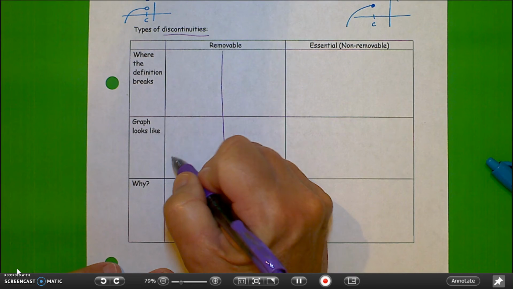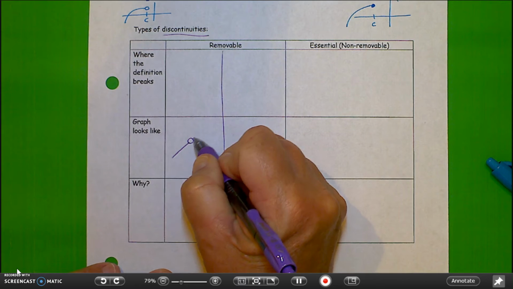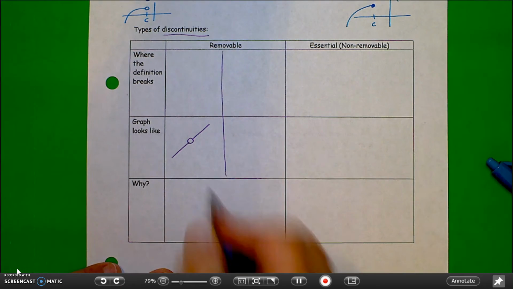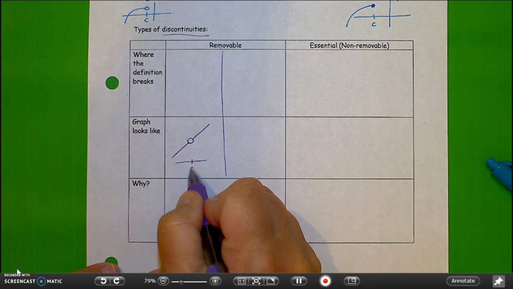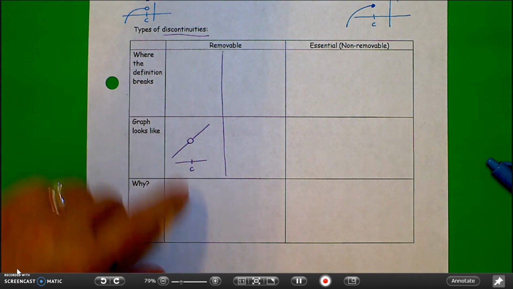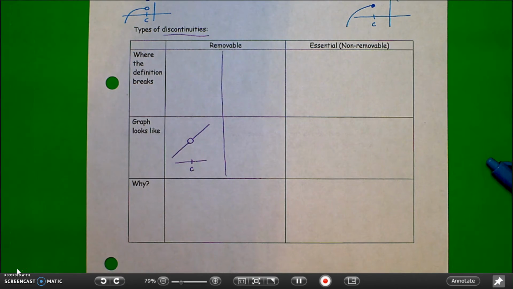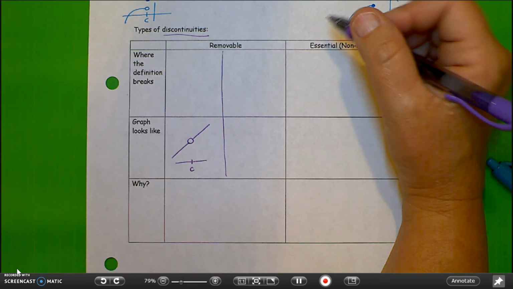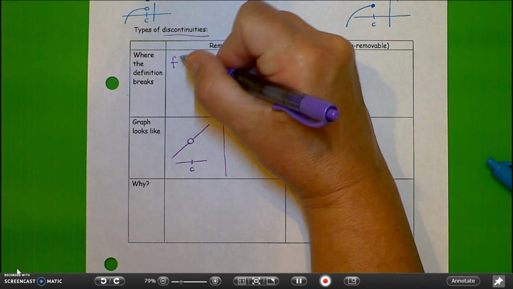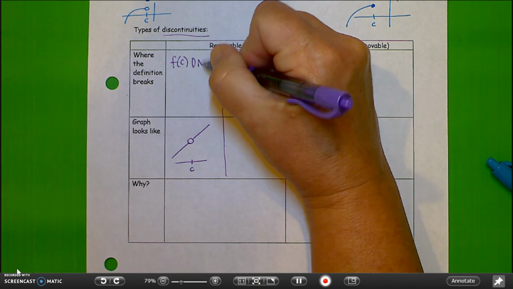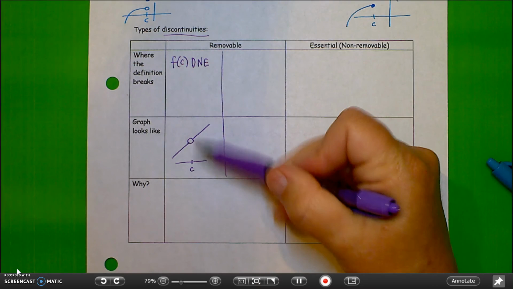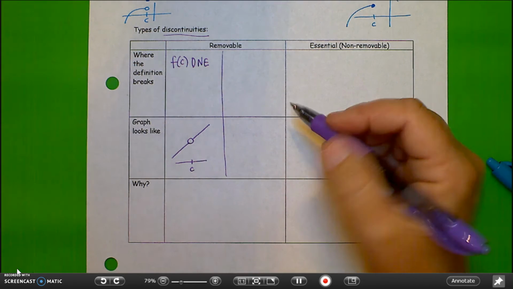One type of removable discontinuity, simplest thing to think about, is just a hole. And I'm going to go ahead and put an axis here. We'll say at point c, we have a hole there. Where does this occur? Where does the definition break down? f of c does not exist, okay, because there's not a value for c for the function.